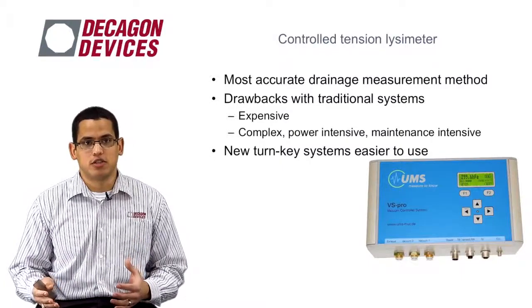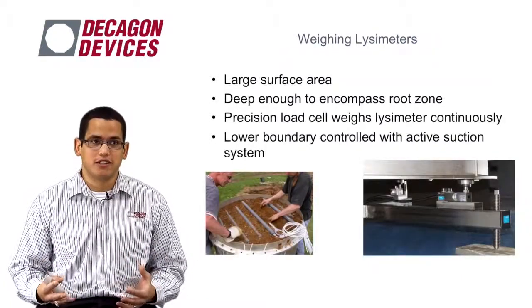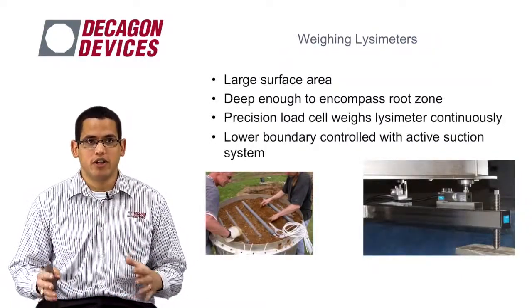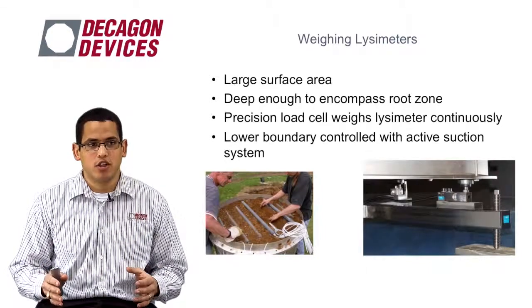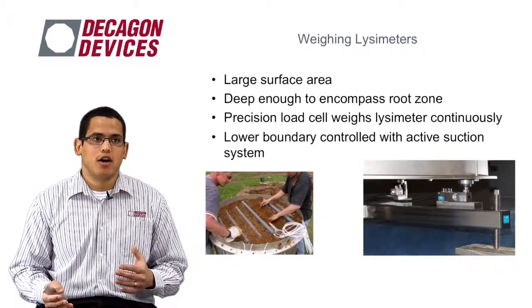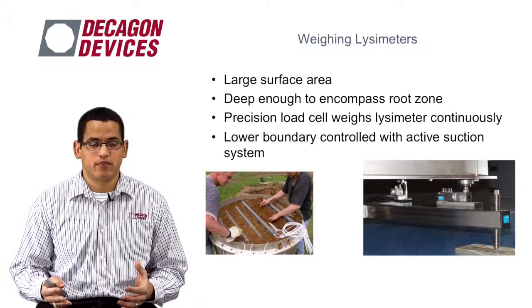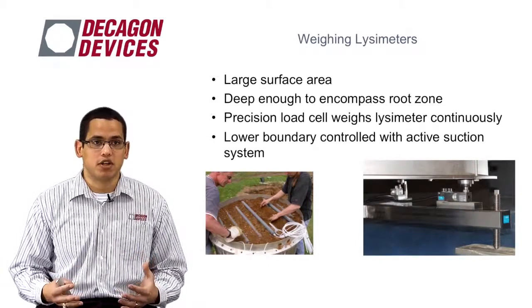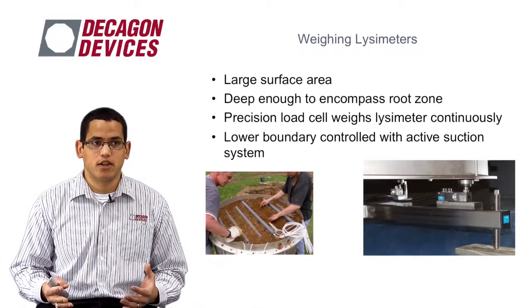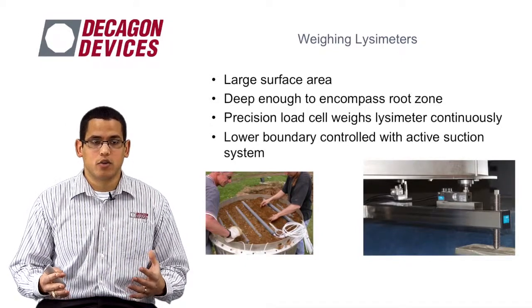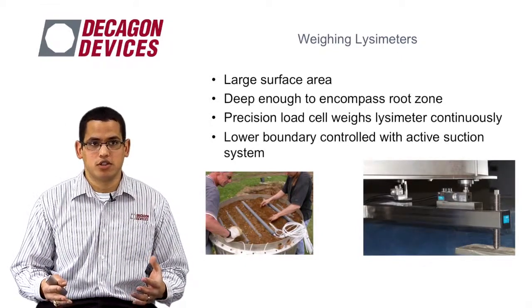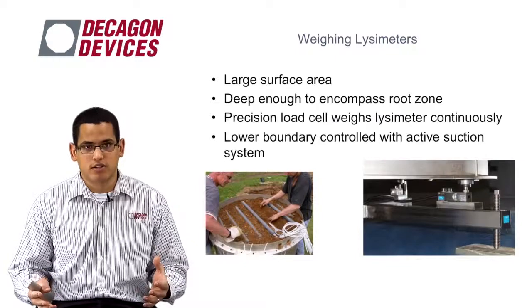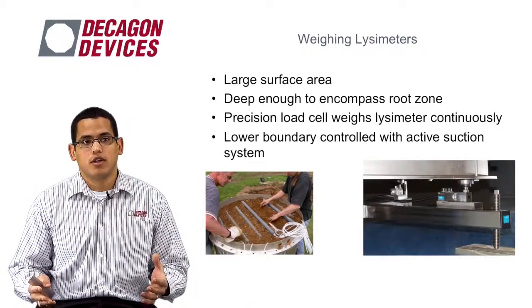That then moves us into the next method, which is the weighing lysimeters. Now, the weighing lysimeters have a lot of advantages over all the other measurements. You get a large surface area. They're also deep enough to encompass the root zone. And the way they work is they use precision load cells to measure the lysimeter continuously.